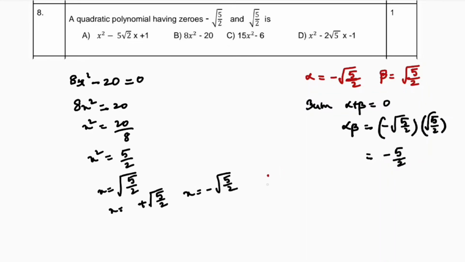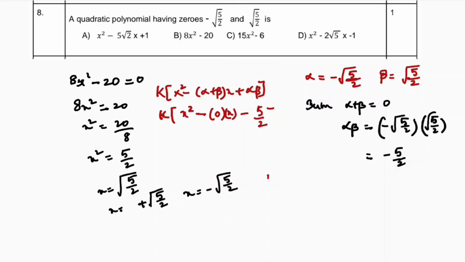Now if you write the formula, k into x square minus alpha plus beta into x plus alpha beta. So k times x square minus (alpha plus beta is 0) plus alpha beta, which is minus 5 by 2.